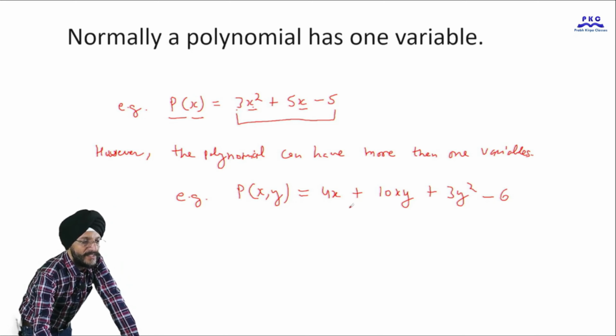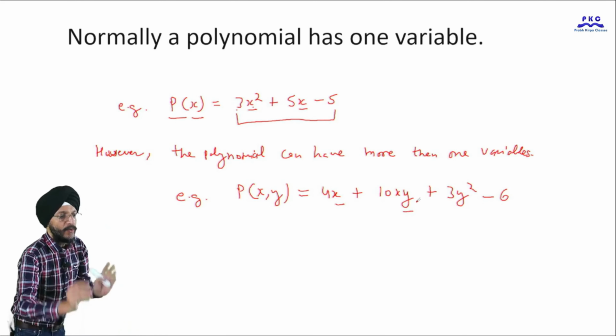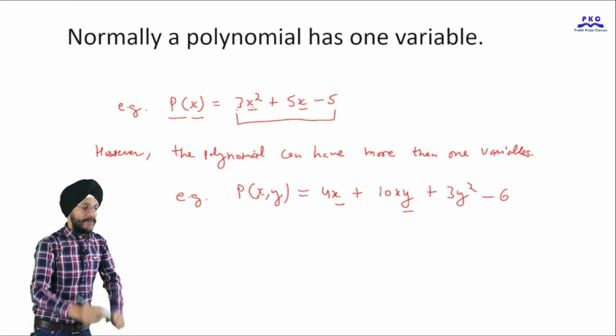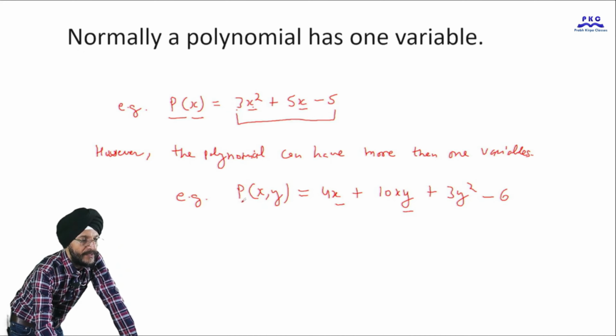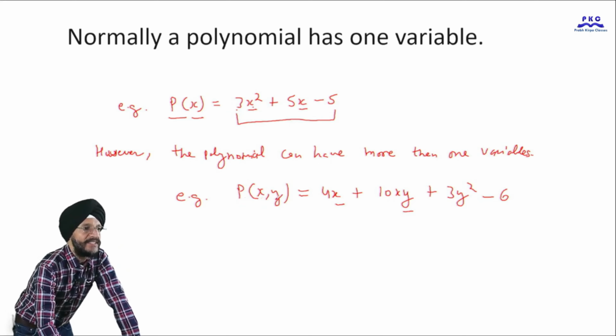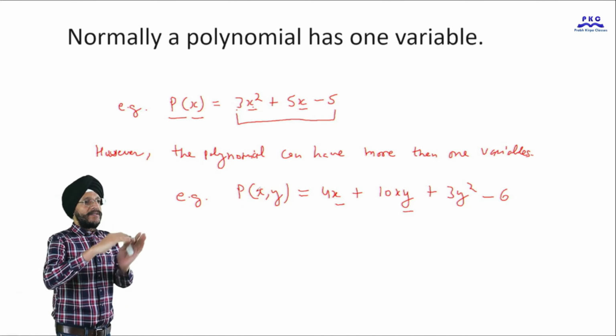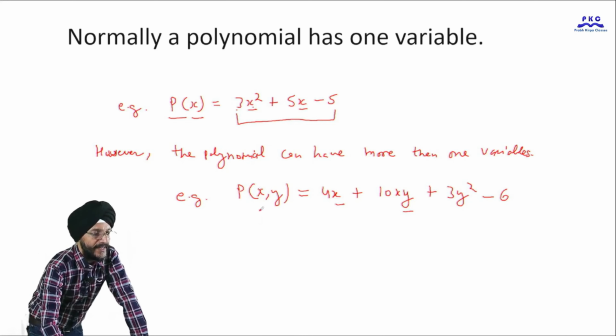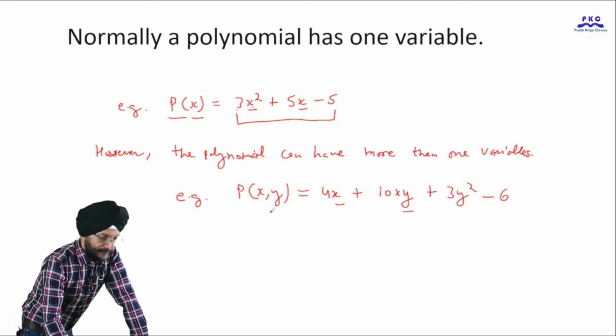So here you can see that x and y are two variables. Here we have used the letter p and in brackets x comma y. Here p stands for polynomial and x is a variable, y is a variable. So p(x, y) means polynomial with variables x and y.